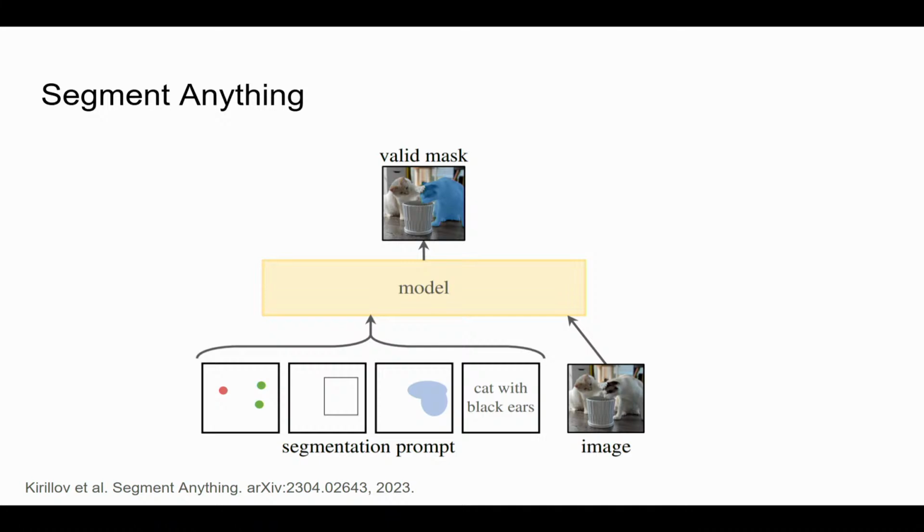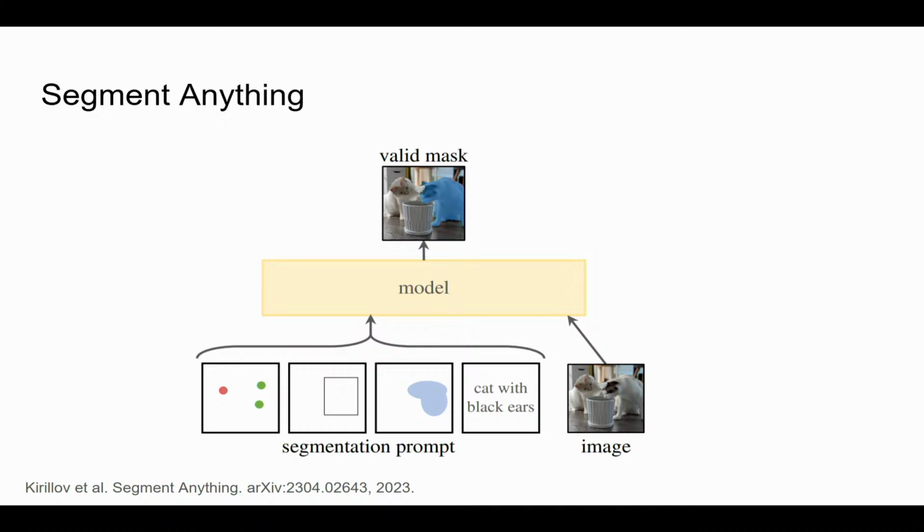As I said, we have networks which can do detection of anything, so open domain detection, just prompted by text. We do the same things for segmentation. For example, there's a paper by people from Facebook, Segment Anything.